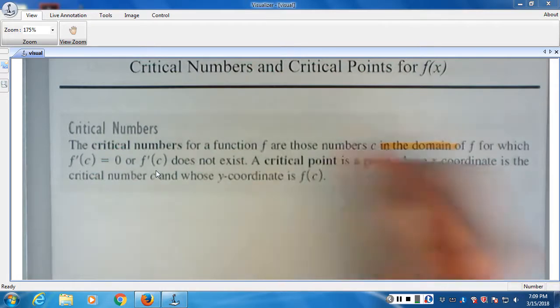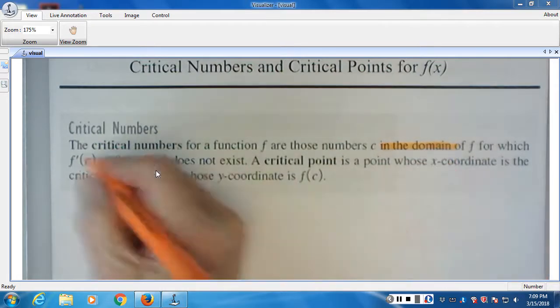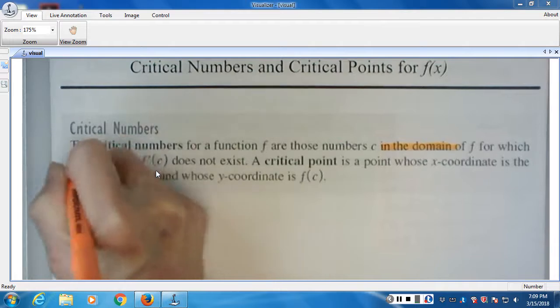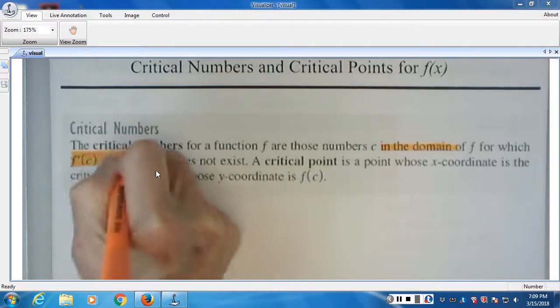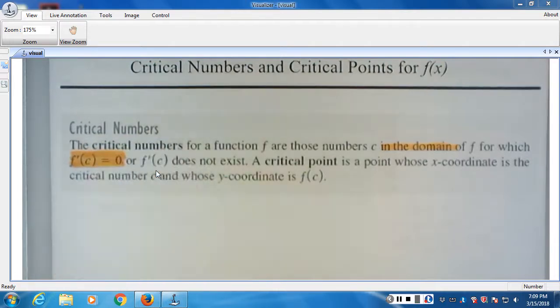So it's only numbers that are in the domain, and the special feature of critical numbers is that when you take the derivative and set it equal to 0, you can find out what they are. And the reason for that is because the critical numbers are where the function's slope is equal to 0. Okay? And we're going to call those points critical points.